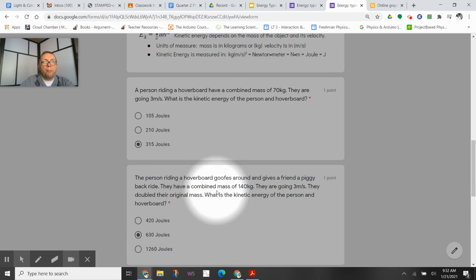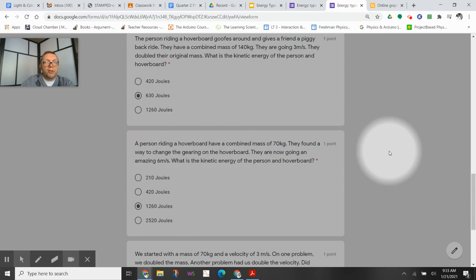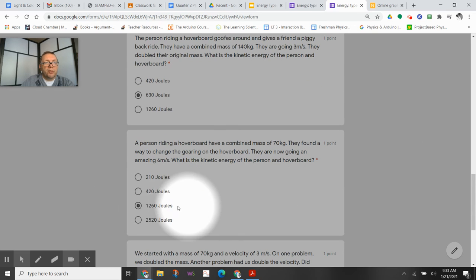So when we doubled the mass, we went from 315 joules up to 630 joules. So doubling the mass, we doubled the energy. And 315 joules is the one that we started at. And then if we double the velocity, doubling the velocity got us all the way up to 1,260. A few folks have typed in their velocity.